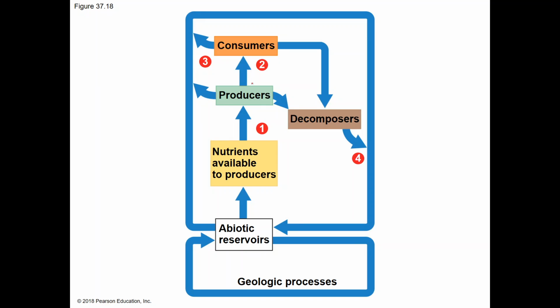And those producers produce organic material, which then can be consumed by consumers. Those consumers incorporate some of those chemicals into their biomass, and both producers and consumers release some of those chemicals back into the environment as waste.